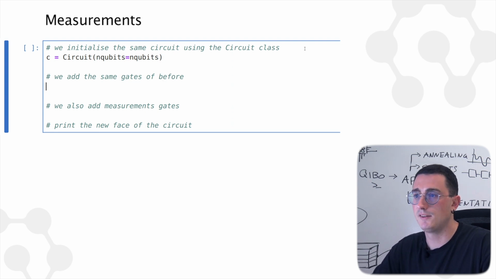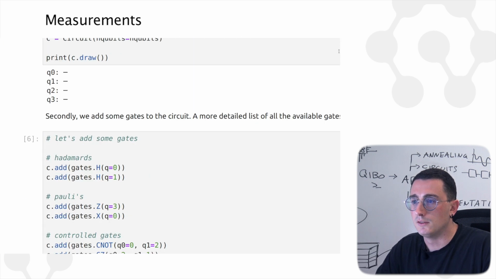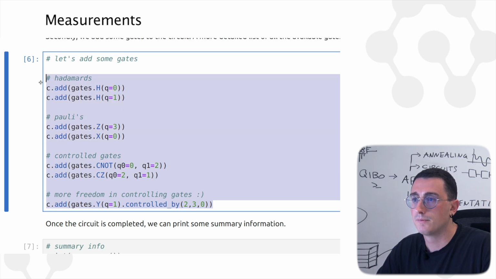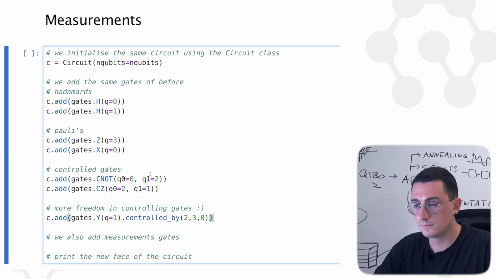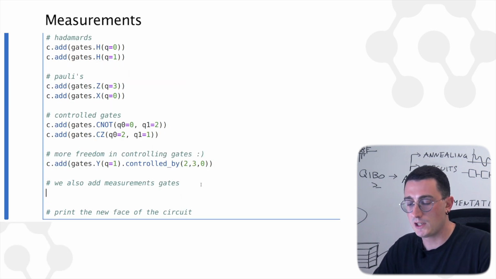Then we should add the same gates of before, so let me go up and we just copy paste them because it's simpler. So copy paste here. Perfect, so now we have the gates, but we are still missing the measurements that we can add here.